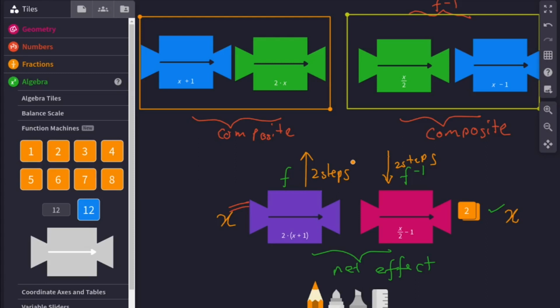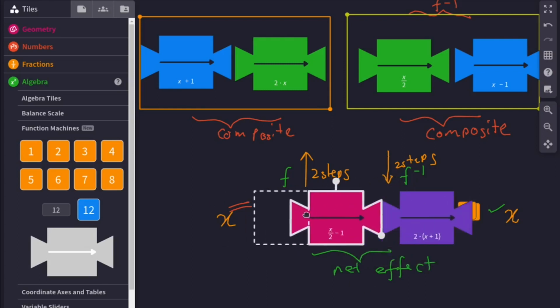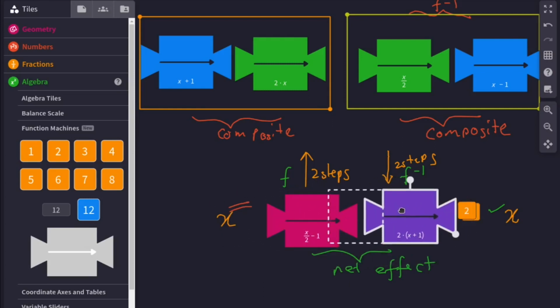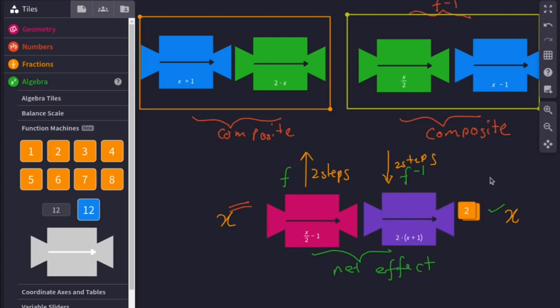It's a special kind of relationship when you compose them. So why is it special? Because if I decide to change the order, right? I change the order. Now if you remember, changing the order could change the net effect unless it's a special type of function or special types of relationship within the functions that are composed. That's what I told you.